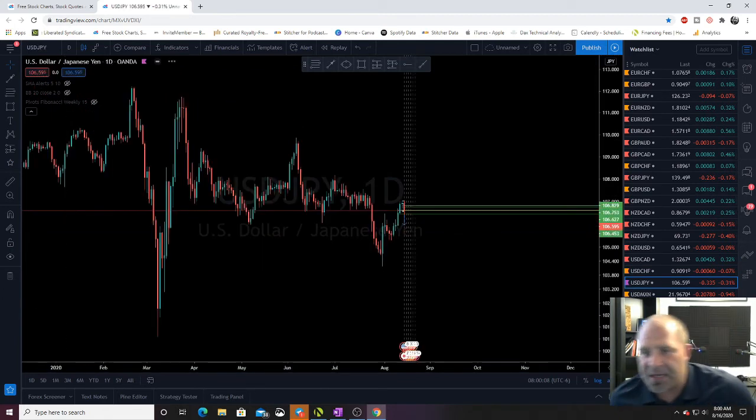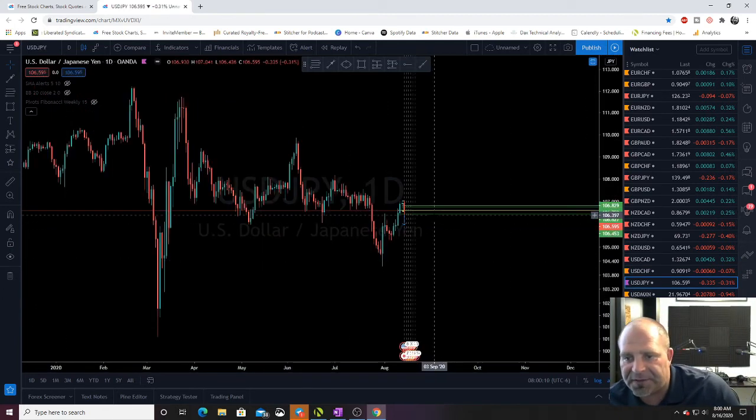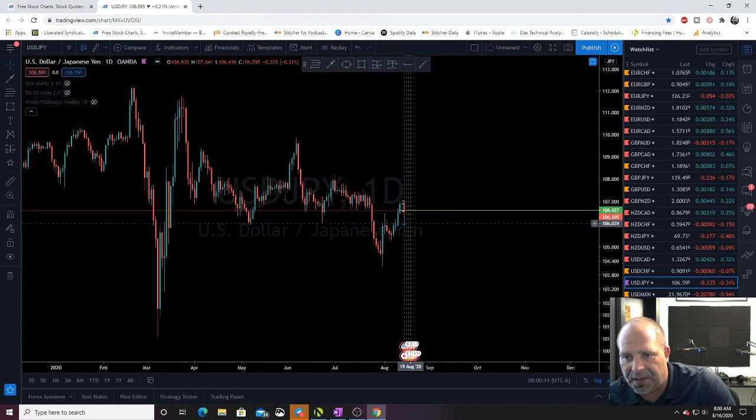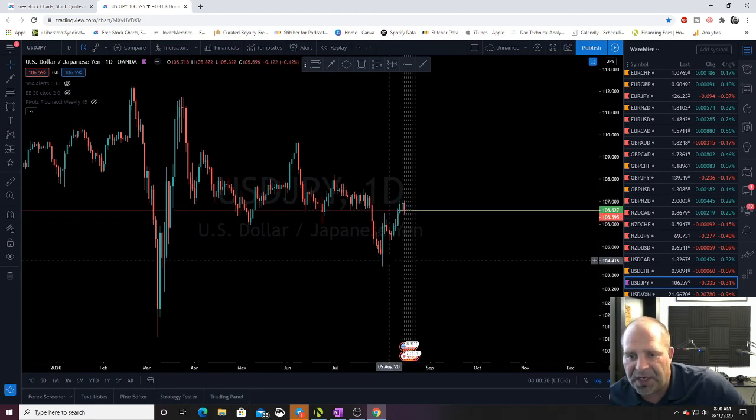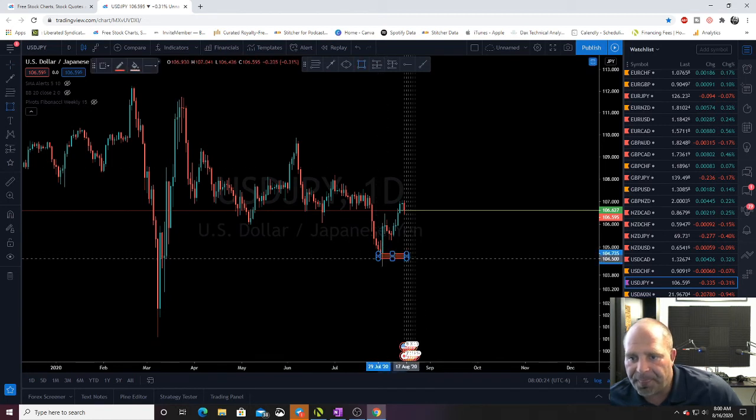All right, USD JPY. Let's get rid of all these little lines I have on the smaller time frame and just get a good top side view. It's obviously bullish off of this area. So I'm going to put my bullish down there.